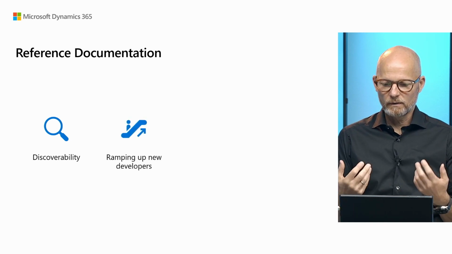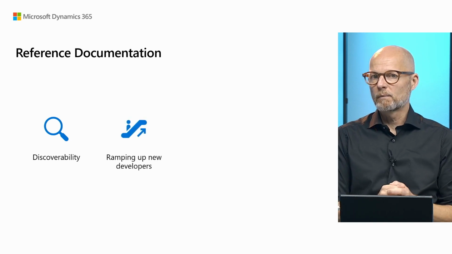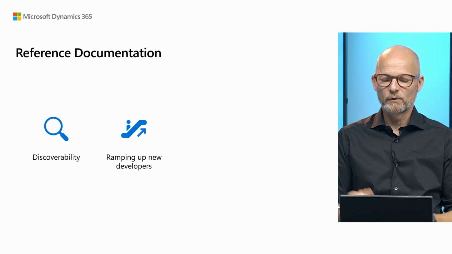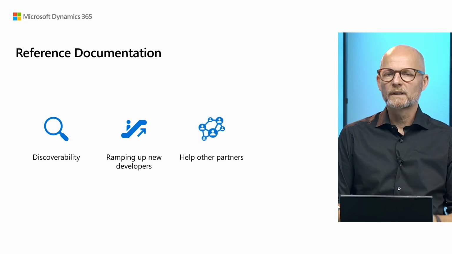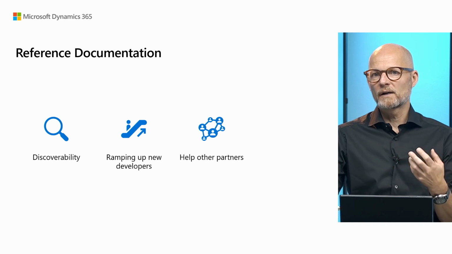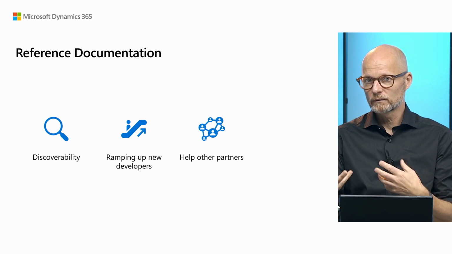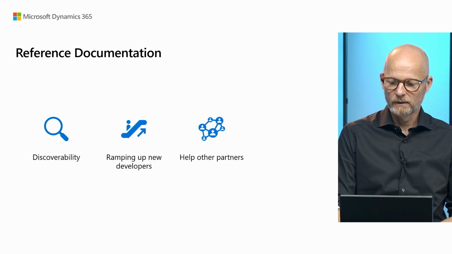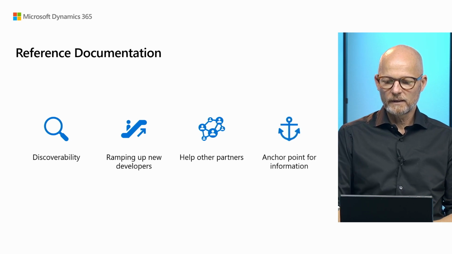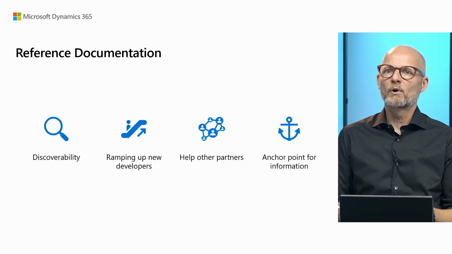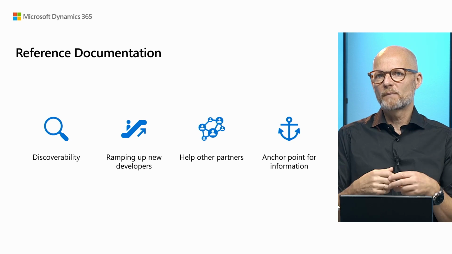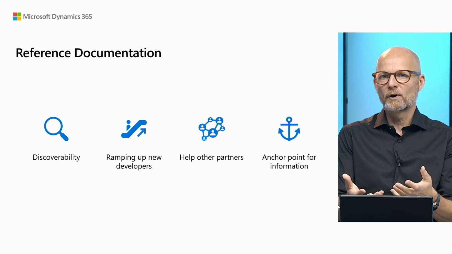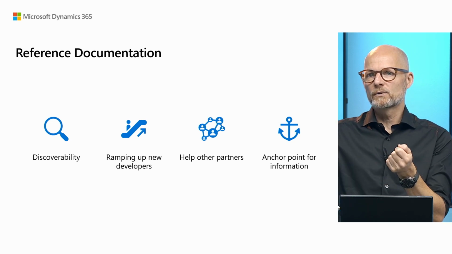Good documentation can help us ramp up new developers. It can help other partners using your source code or our source code. And it can serve as an anchor point for more information, an entry point for navigating onto more specific, more detailed information that could be some very elaborate examples or something like that.